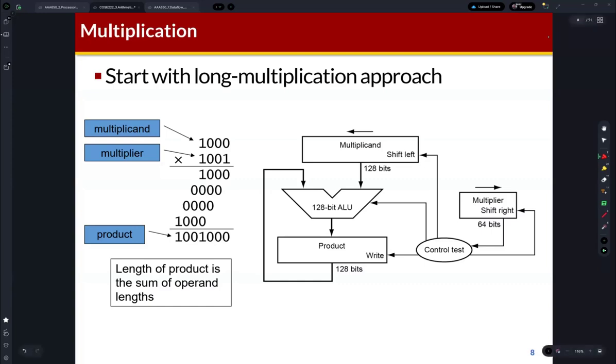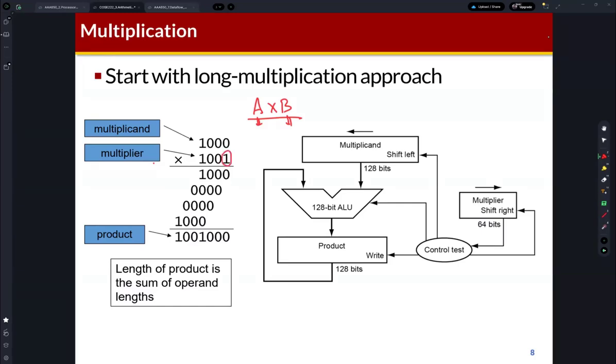This is the example. Multiplication also includes two input operands, the multiplicand and the multiplier. When we compute A multiplied by B, this is the multiplicand and this is the multiplier. How can we perform multiplication? It's simple.